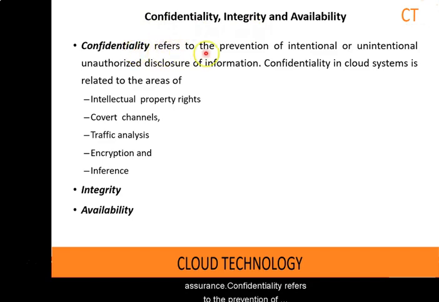Confidentiality refers to the prevention of intentional or unintentional unauthorized disclosure of information. Confidentiality in cloud systems is related to the areas of intellectual property rights, covert channels, traffic analysis, encryption, and inference.